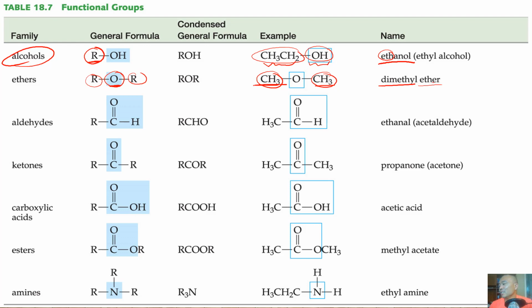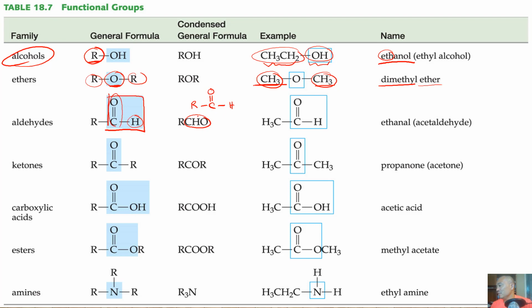So if you have a CO double bond connected to hydrogen through a single bond, then we call this whole group the aldehyde functional group. And this CHO in the condensed formula represents a CO double bond connected to hydrogen through that carbon.